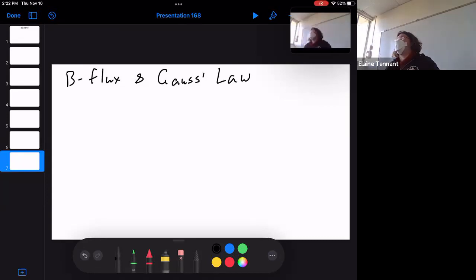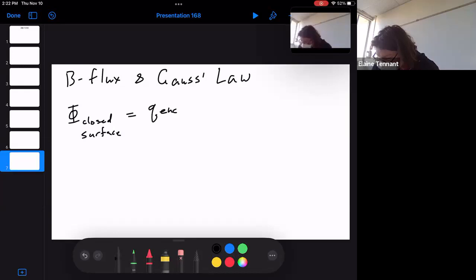So Gauss's law, when we're talking about electricity, says, okay, if I have some surface, the flux through that closed surface is proportional to the charge enclosed inside the surface.